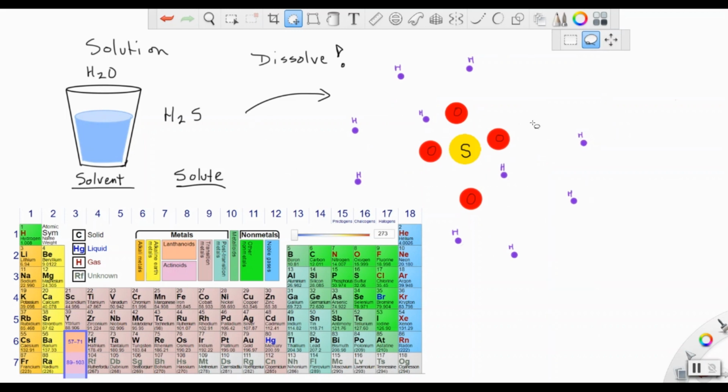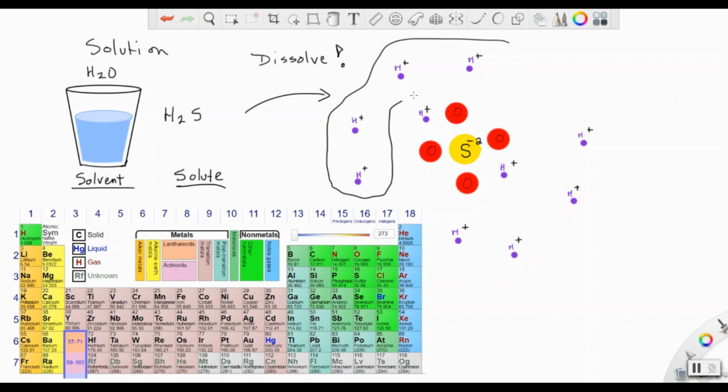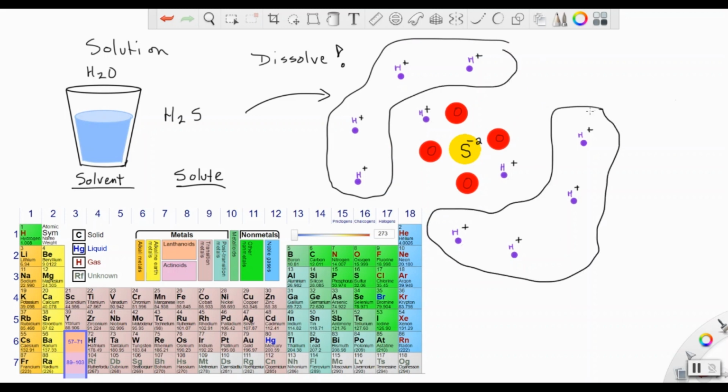Okay, so now what's important about this is that all of these hydrogens actually left their electrons behind. Also, this molecule is ionic, so we get this going on. But the important part is all of these hydrogen ions that we have released into the solution of water.